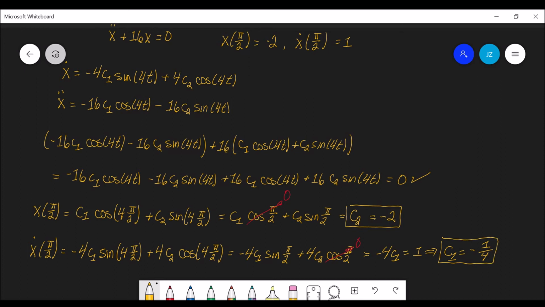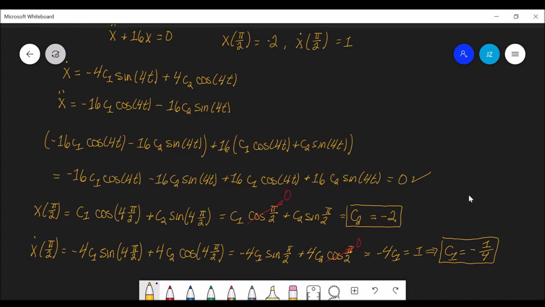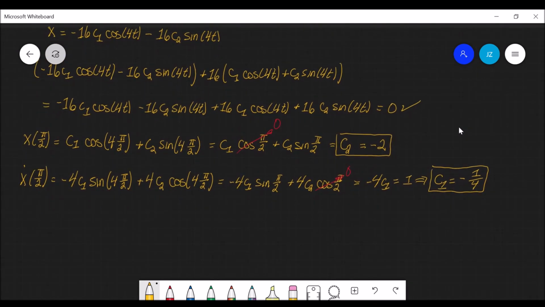So our particular solution, which I'll denote x sub p, is negative 1/4 cosine of 4t minus 2 times sine of 4t.